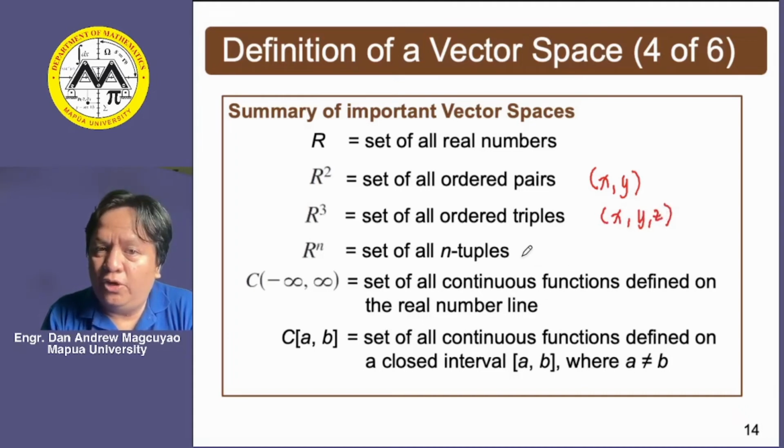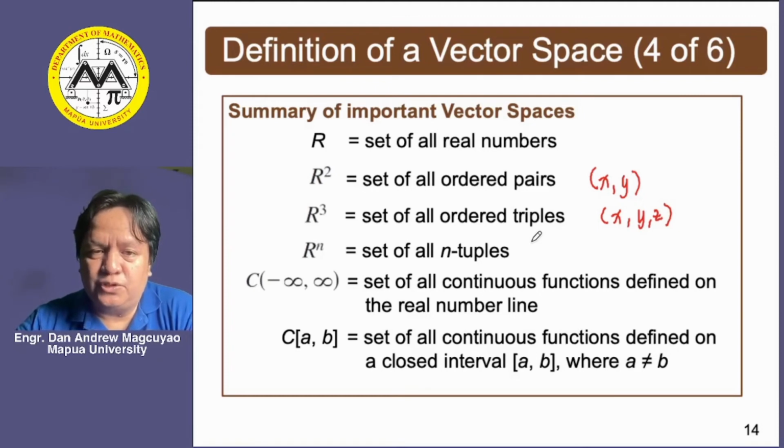We can have ordered n-tuples, which are composed of n elements. And then the continuous functions C of negative infinity to positive infinity. We can have the bounded continuous functions C from a to b. So it is only defined or only continuous from a to b.